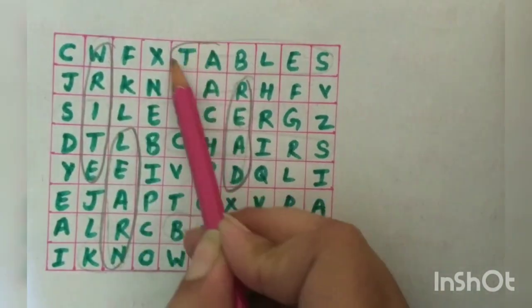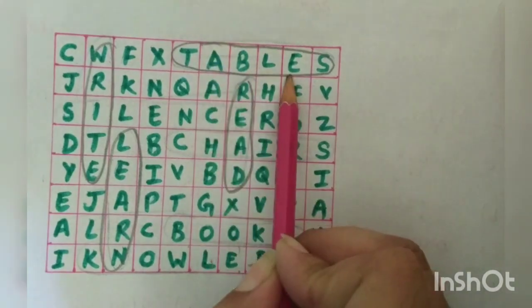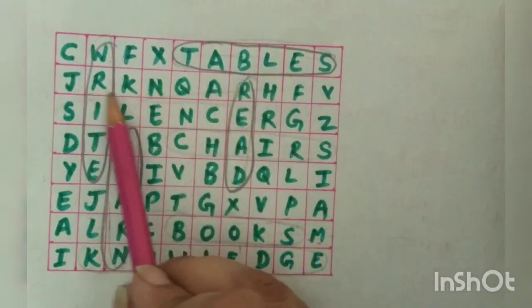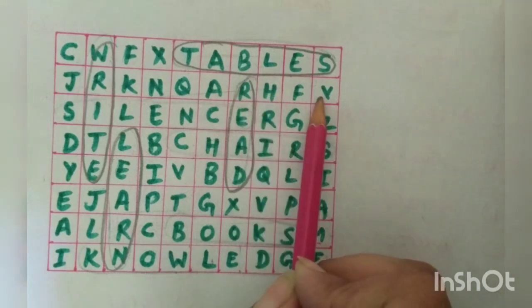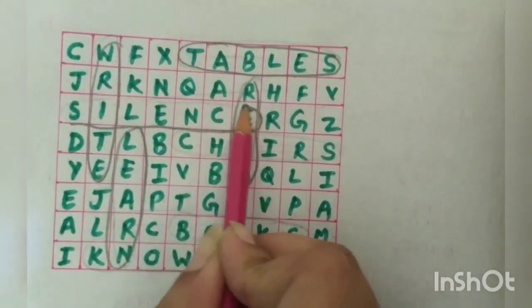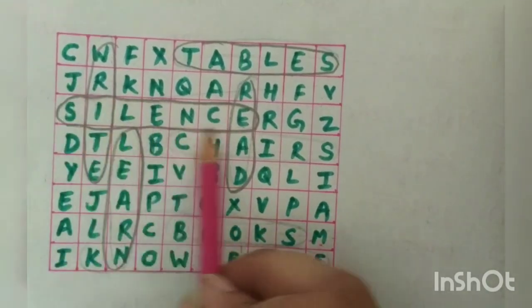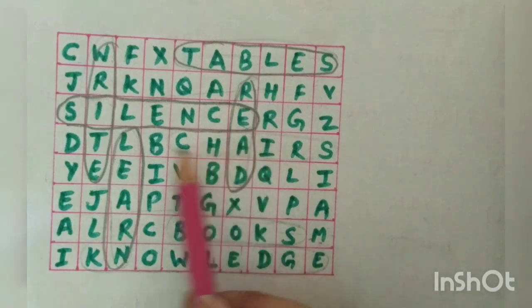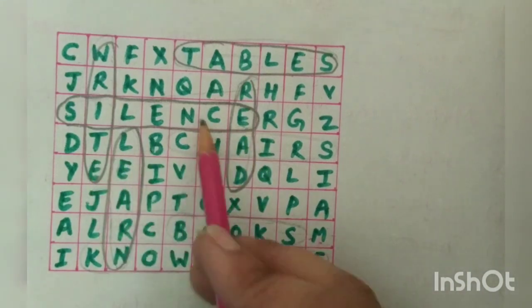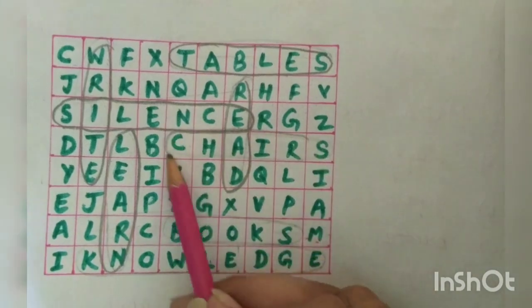Yes, TABLES. Tables we can easily find in libraries. In the second line, there is no word. Then in the third, silence. We can find silence in the library. In the next, yes, CHAIRS.